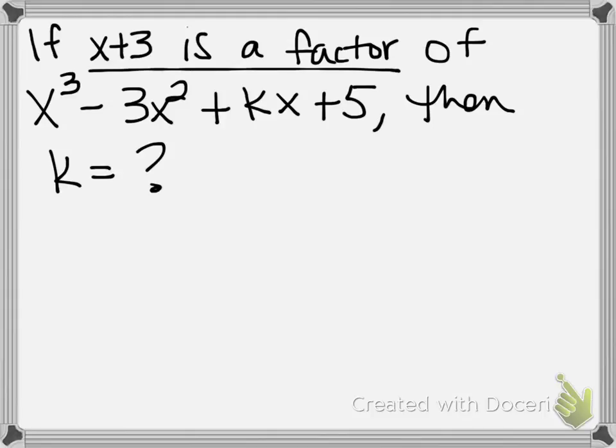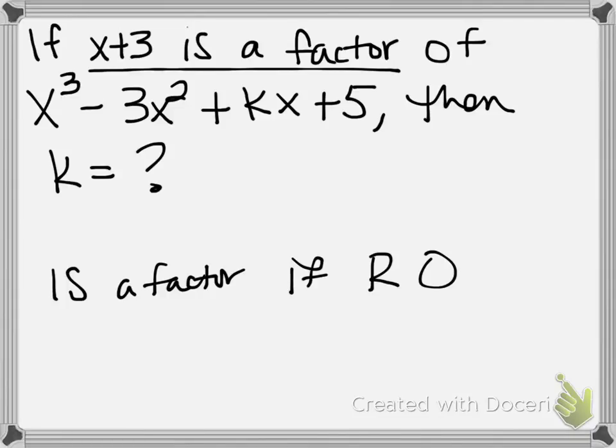If you remember from long division, you know it is a factor if you have a remainder of 0. Okay, so what we're actually going to do is set up a synthetic division problem where we work a little forwards and a little backwards and meet in the middle where k is at.